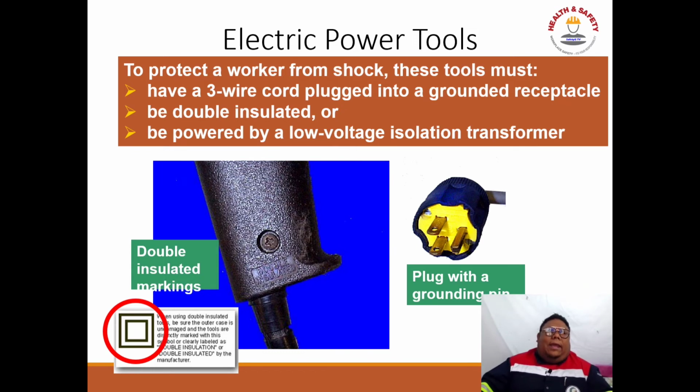Now see, double insulated. There is a mark on the equipment, in the hand tools, especially the drill machine and power grinder. There is a double insulated mark labeled below on the handguard, and a plug with grounding pin.